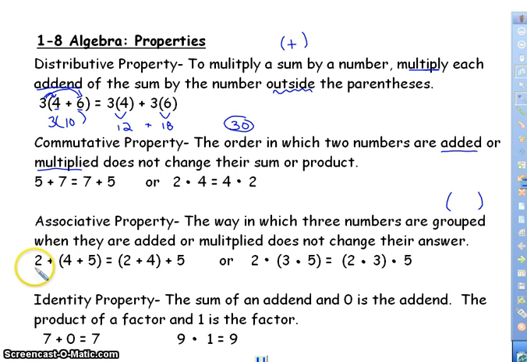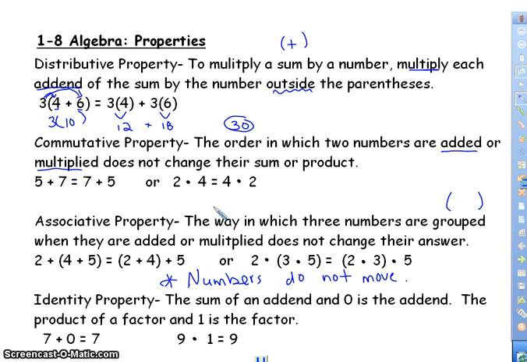So if you look at the order, 2 plus 4 plus 5, that is the same thing I have here, 2 plus 4 plus 5, but the parentheses have changed places. They're not around the 4 and the 5 anymore. Now they're on the 2 and the 4. So what's really moving is the grouping symbols. So make sure you note numbers do not move. Okay? Whereas in the commutative property, that is what's moving.